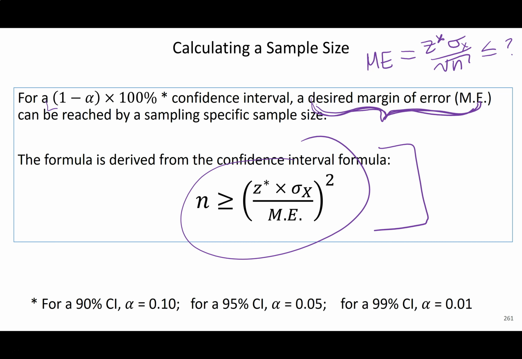And just noting here, for a (1 minus alpha) times 100% confidence interval, that's kind of a weird way to word it. Usually it's 90%, but if we're doing 90, alpha is 0.10. If we're doing a 95% confidence interval, it's 0.05, 99 is 0.01. You'll notice they add to 1, add to 1, add to 1. So there you are.